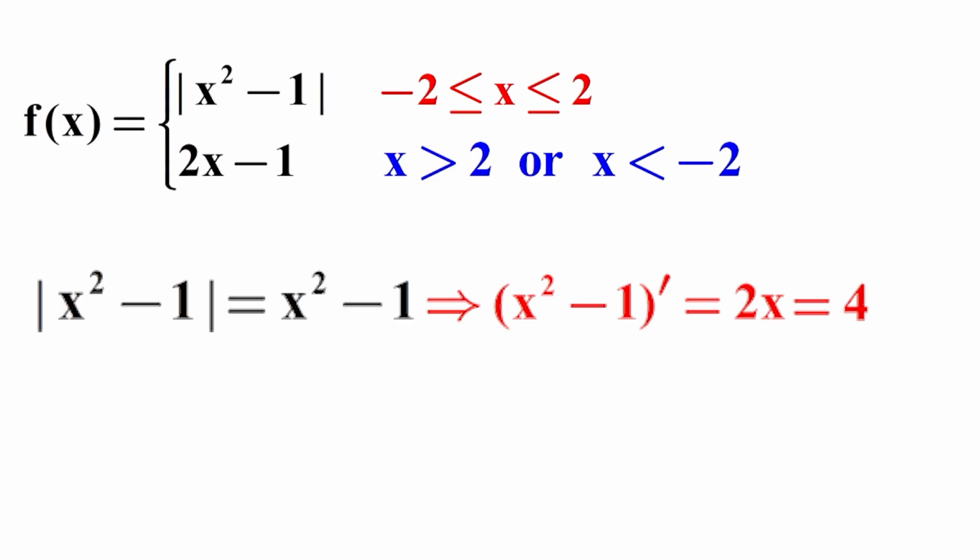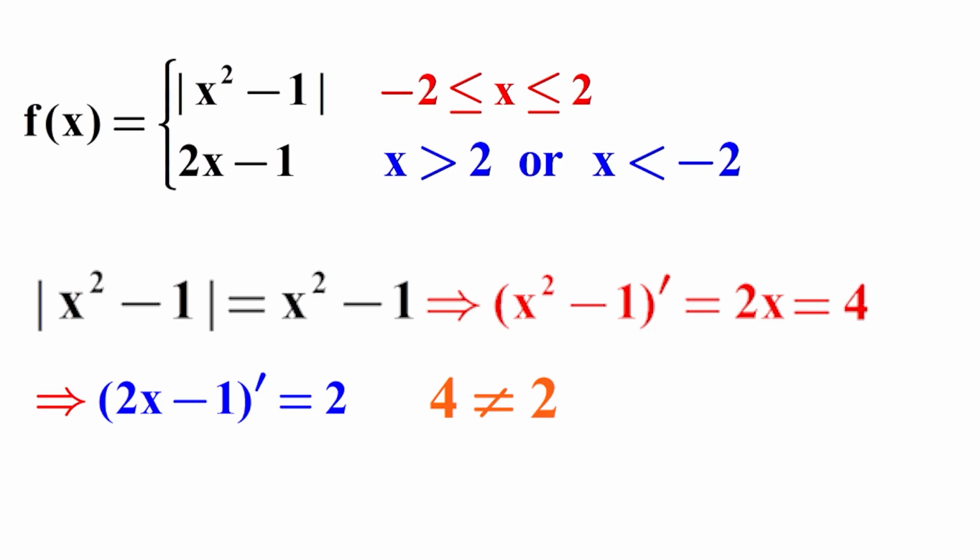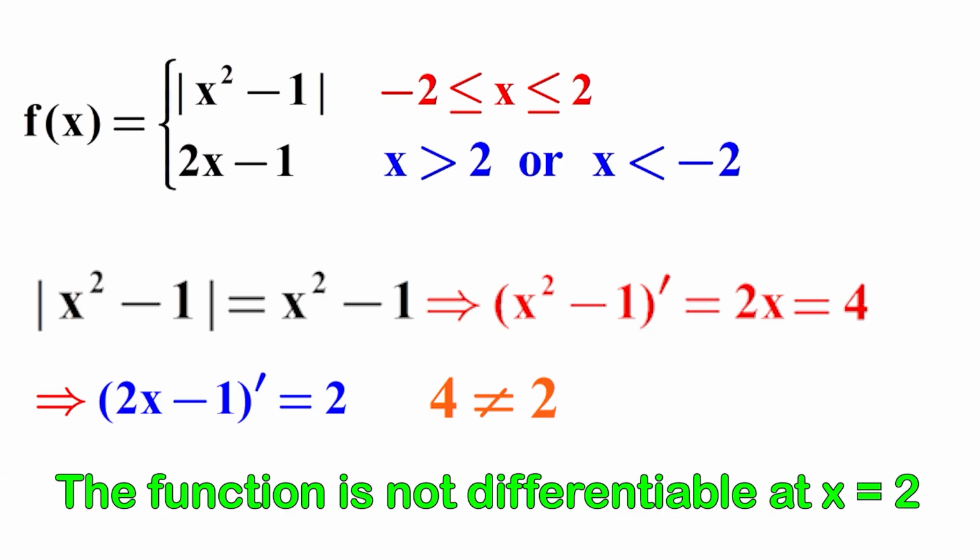Means the slope is 4. For the right, means x is greater than 2. The derivative of 2x minus 1 is simply 2. So the slope is 2. Since 4 is not equal to 2, the slopes don't match. So the function is not differentiable at x equals 2, right?